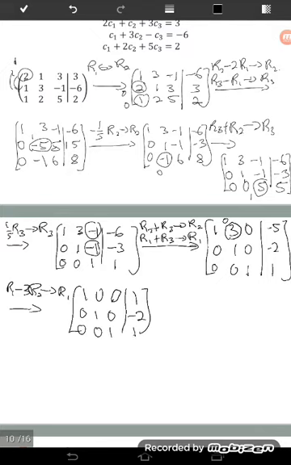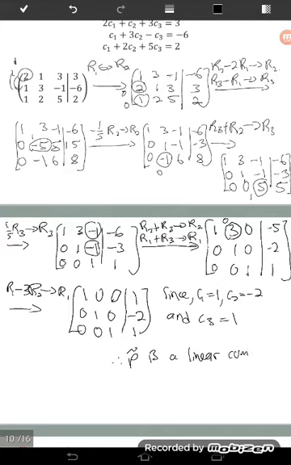Okay, so from this one, C1 is equal to 1, C2 is equal to negative 2, and C3 is equal to 1. Okay, so therefore, vector P is a linear combination of vectors P1, P2, and P3.